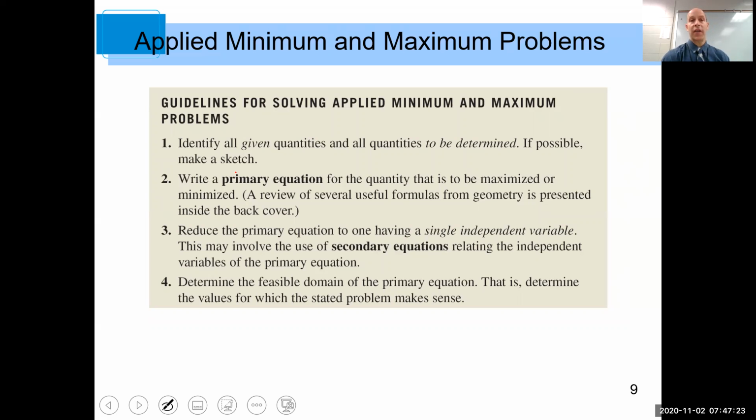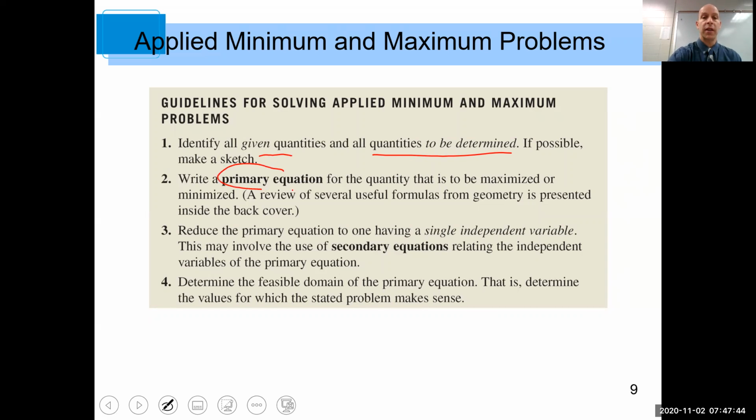Okay, so here are the guidelines for doing these applied max and mins, or these optimization problems. First thing I would recommend is to make a sketch of whatever it is you're trying to do, if possible. In this case, we were dealing with a rectangular prism. Try to figure out all the given quantities and any quantities that need to be determined.